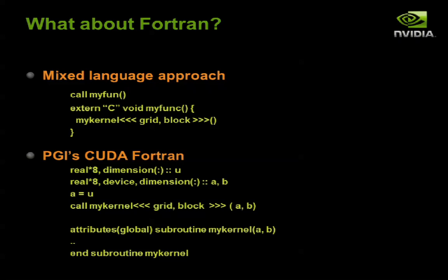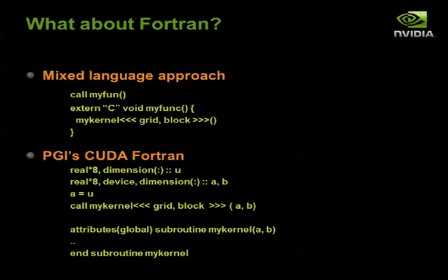You have a mechanism for calling kernels, so CUDA Fortran also supports the triple chevron notation. Otherwise, those are simple functions with now an attribute called global that identifies these subroutines as kernels.